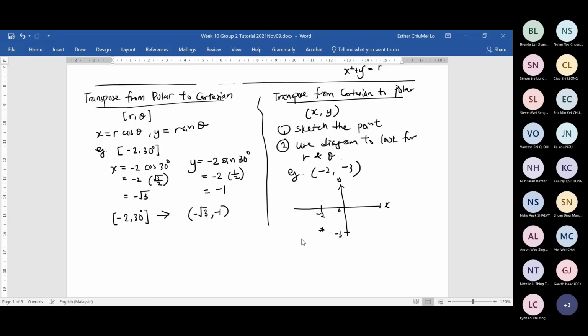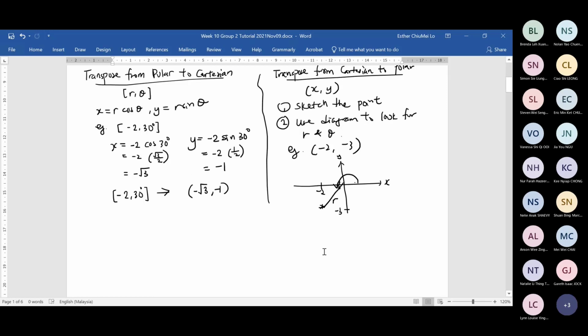Okay, so that's the point. We know that the angle theta, and this is the r. The theta will be from the positive x-axis until here. Now we have to find the value of r.